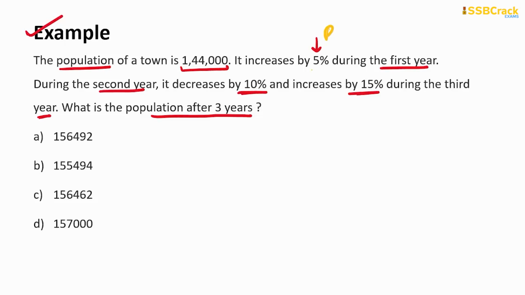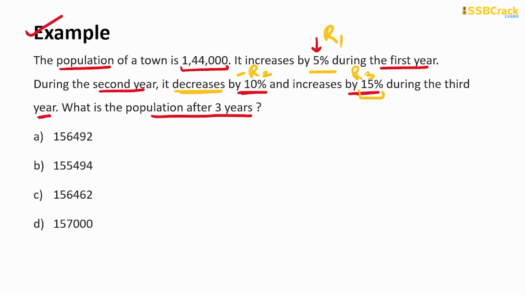Here R1 will be 5%, as the population is increasing at the rate of 5% in the first year. Then R2 will be 10%, but the population is decreasing here, so we have to take the negative sign. And the population is increasing again in the third year at the rate of 15%, so R3 will be 15.